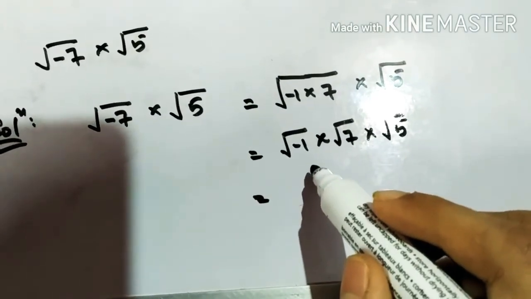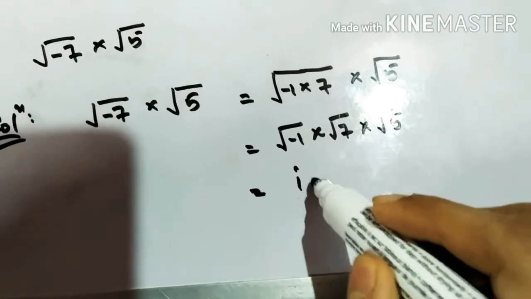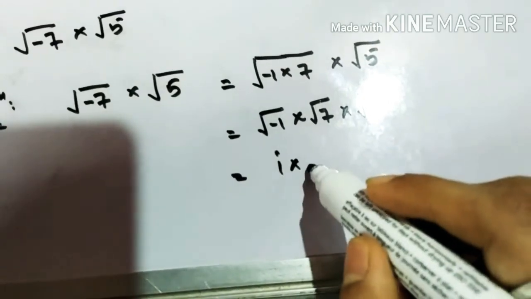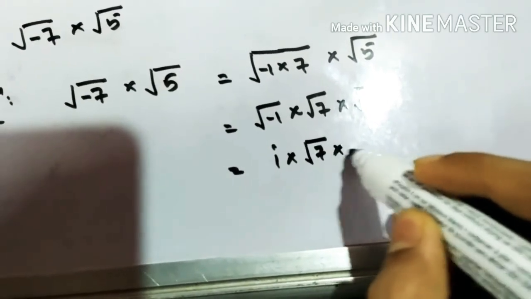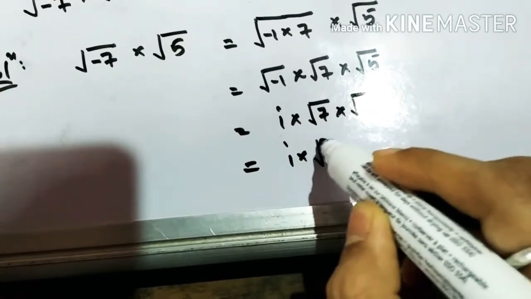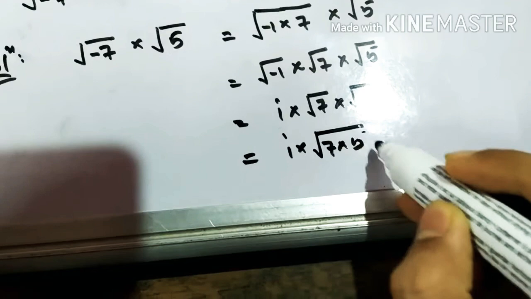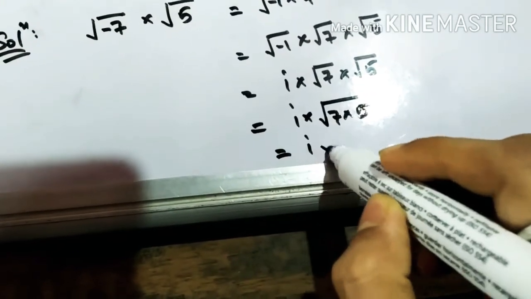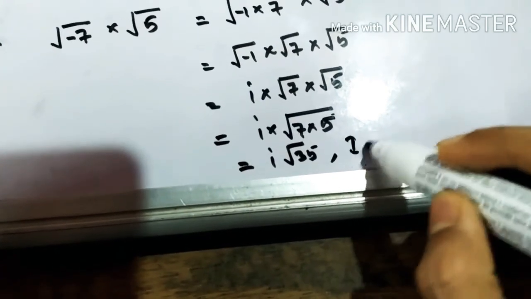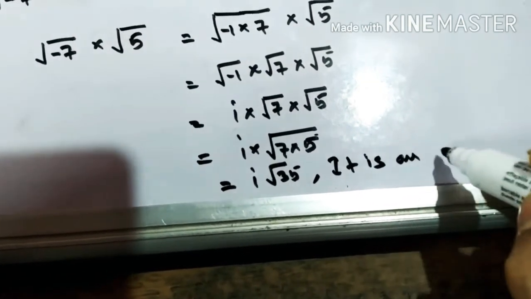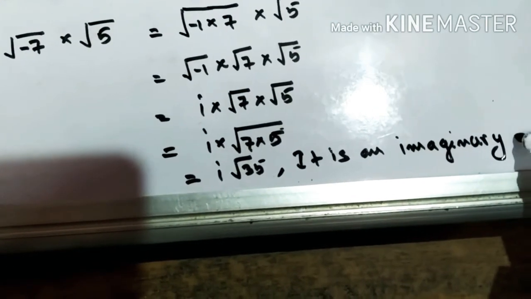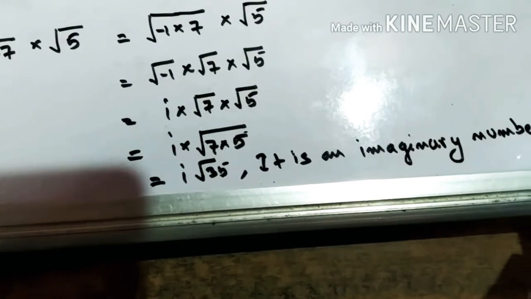This is i into root over 7 into root over 5, which is i into root over 7 into 5, which is i root 35. So it is an imaginary number.